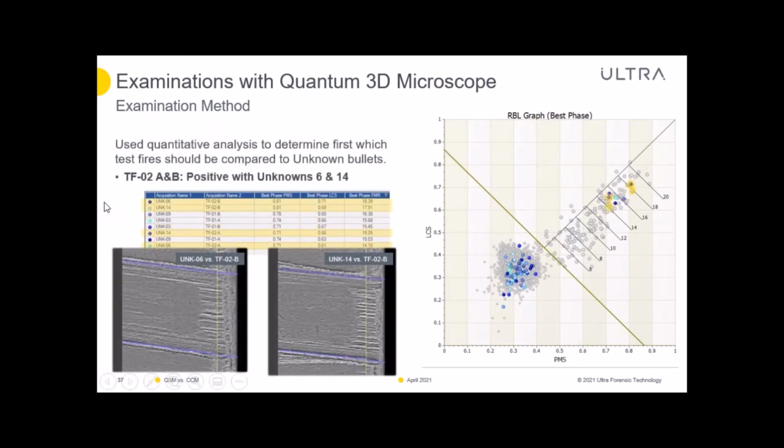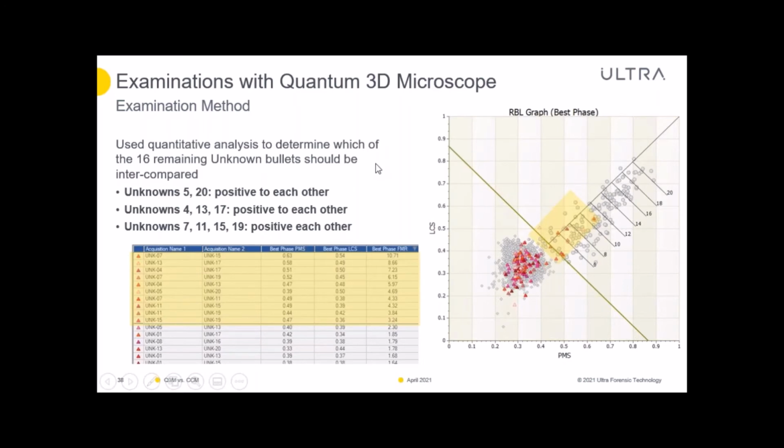These are test fire 2, A and B, that were made positive to unknowns 6 and 14. You can see here the images from the comparison viewer, and this is the RBL graph.